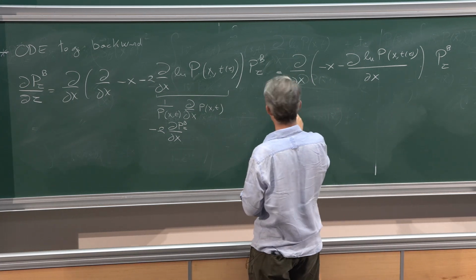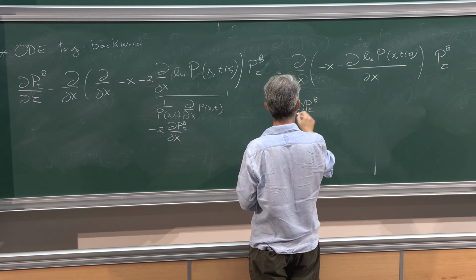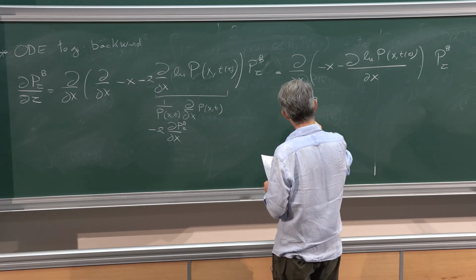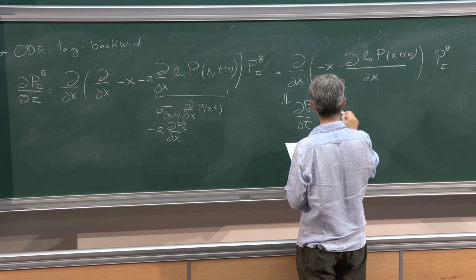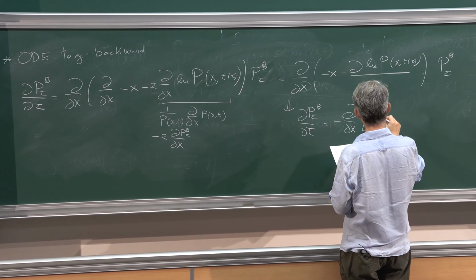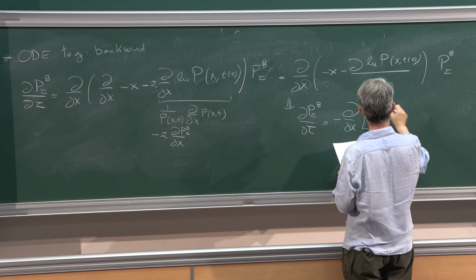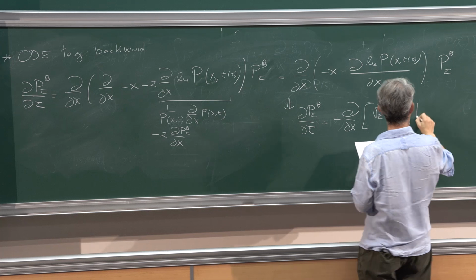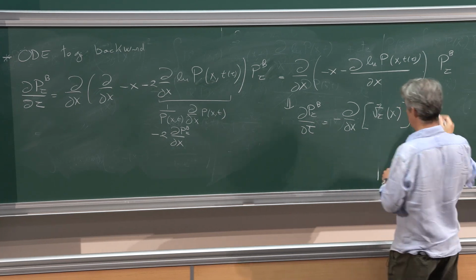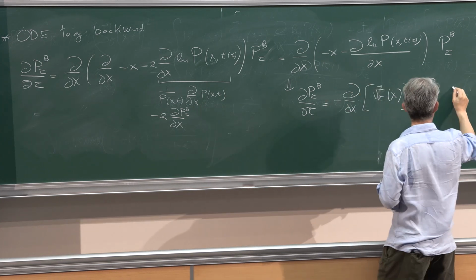But this means that now I can interpret this equation as d tau of p backward equal to minus dx of a velocity field v of tau of x times p of tau backward, which is a flow equation.